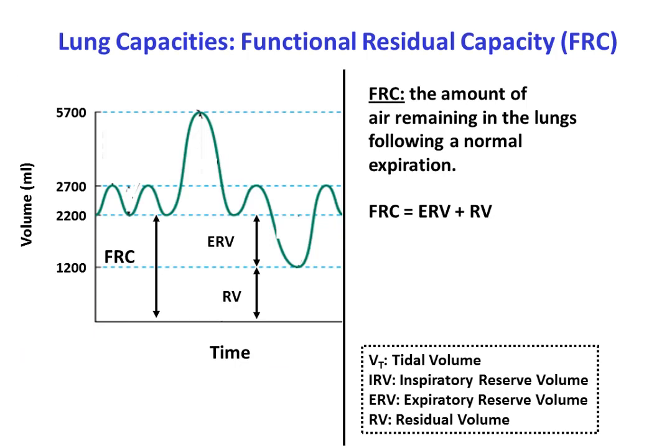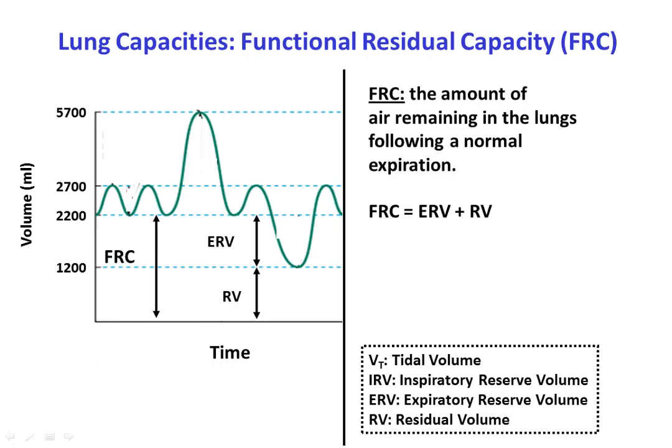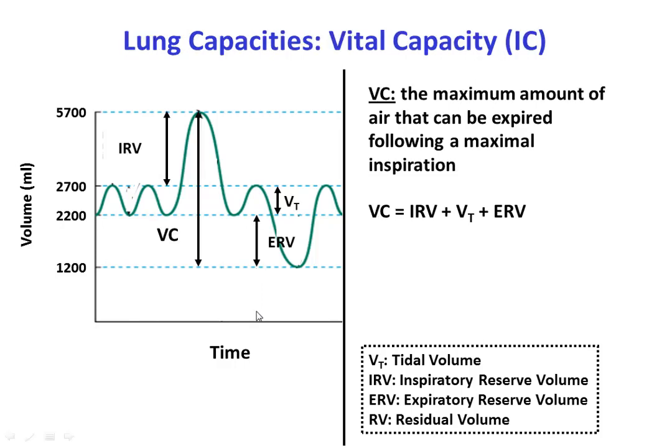So these are the volumes, and each capacity is composed of more than one volume. These are the capacities. Functional residual capacity is equivalent to the expiratory reserve volume plus the residual volume.